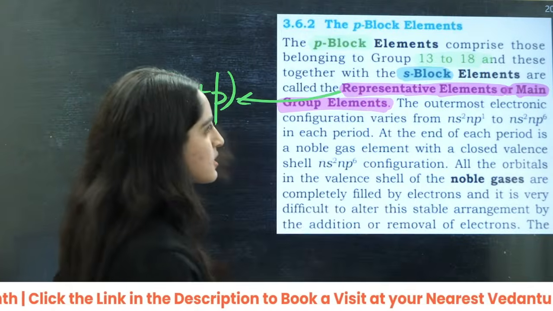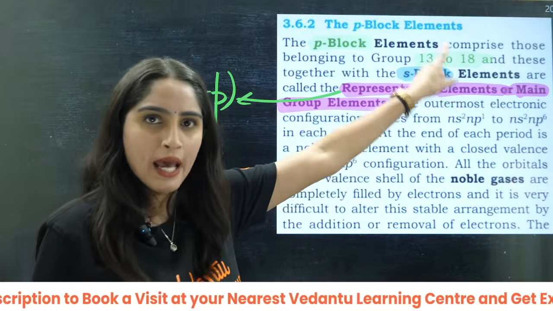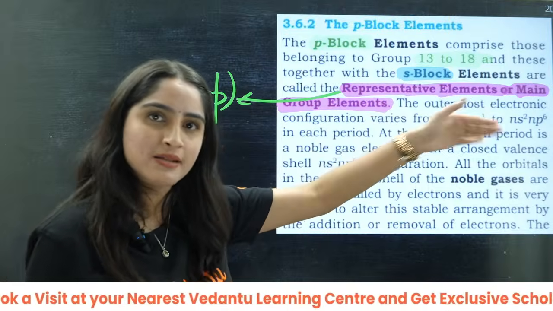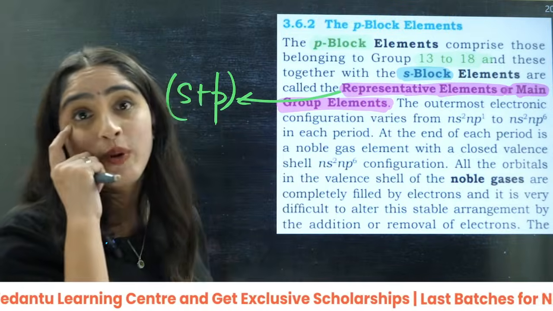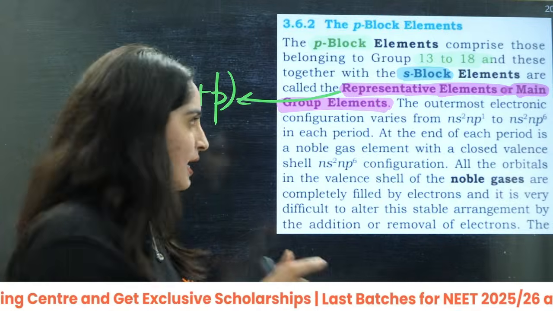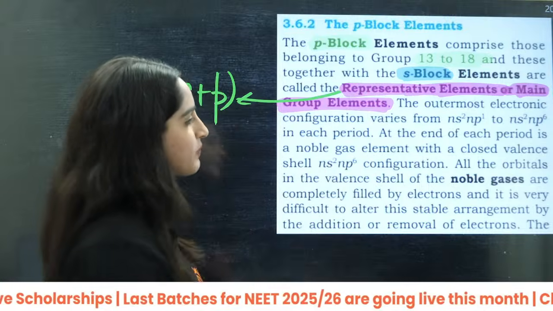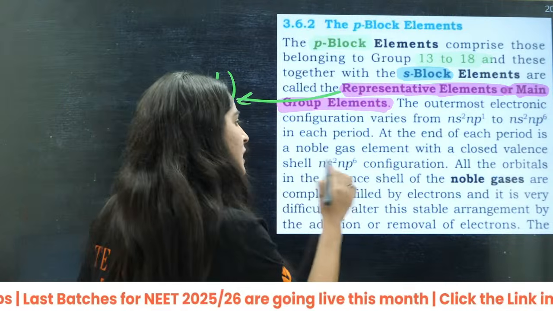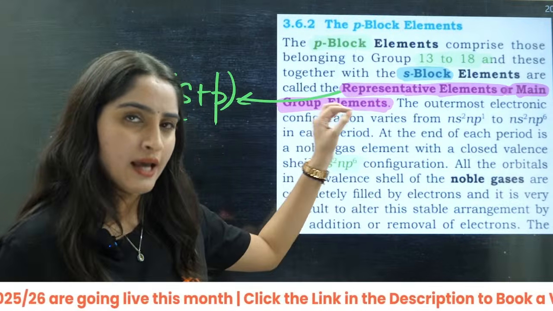Then, bacha, the outermost electronic configuration is ns2 np1 to ns2 np6, right? That's why it has 6 blocks here. It also has noble gases. At the end of each period, the noble gas element with a closed valence shell begins, except for helium that has only ns2.